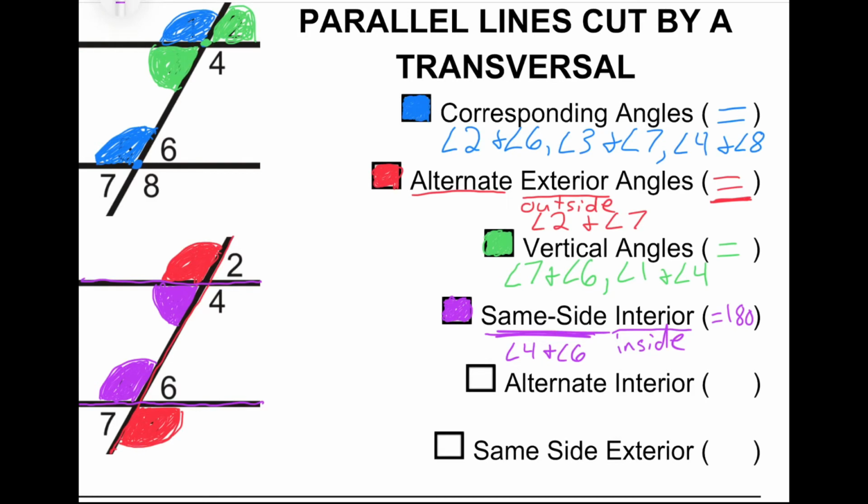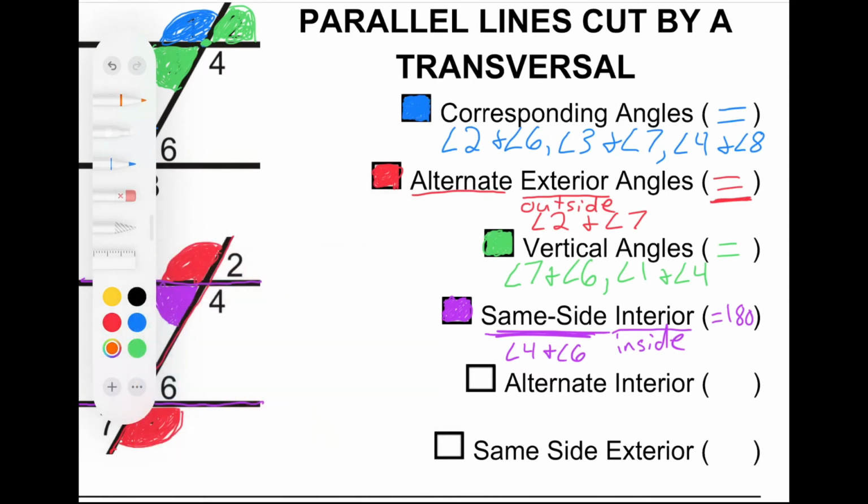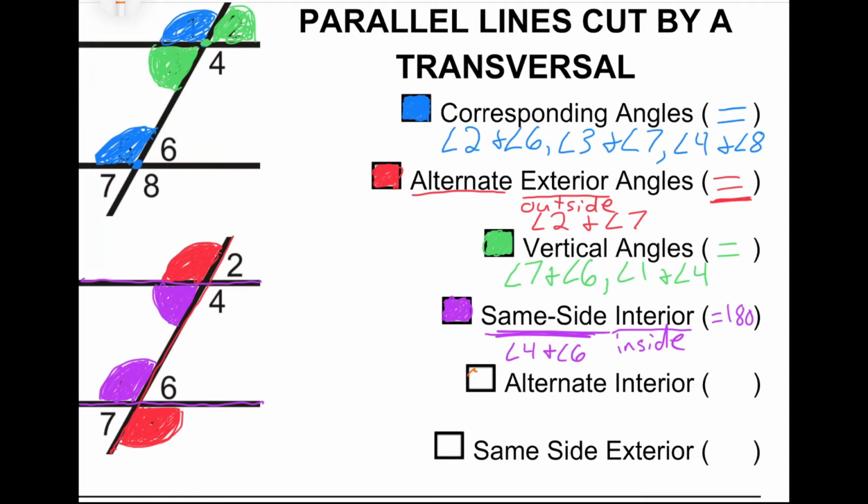So let's look at alternate interior. Alternate interior is going to be still on the inside because we have that word interior, but it's going to be on opposite sides of the transversal. So let's look at this. Let's say we started at angle 4. On the inside, it's in between the parallel lines.